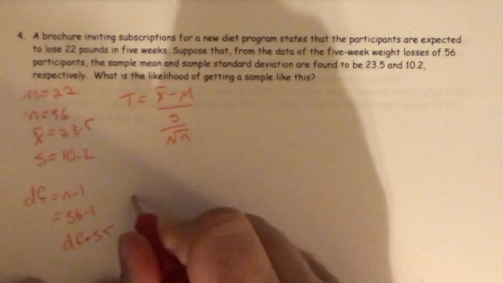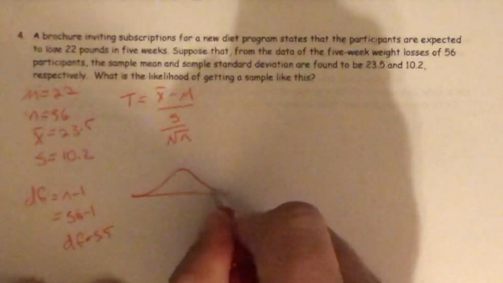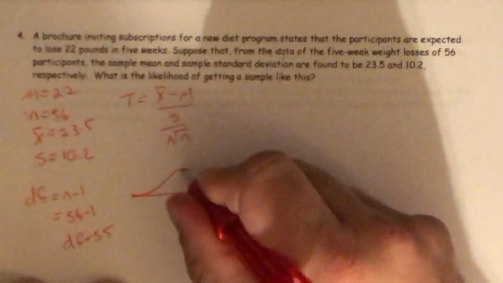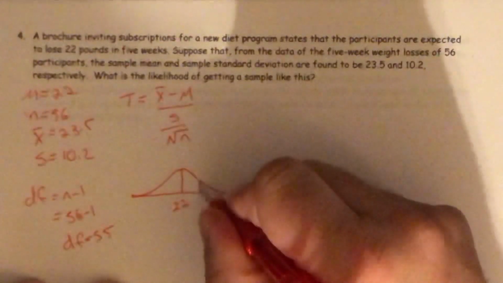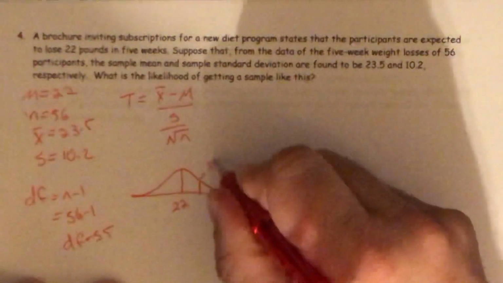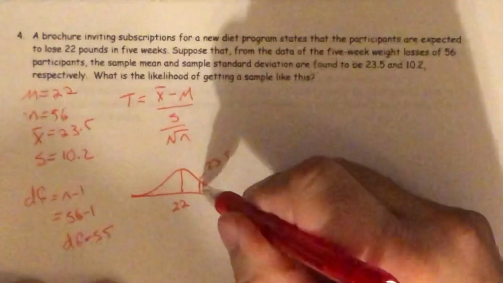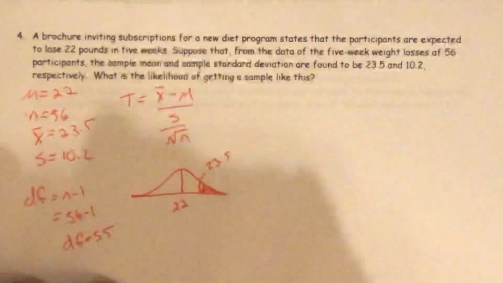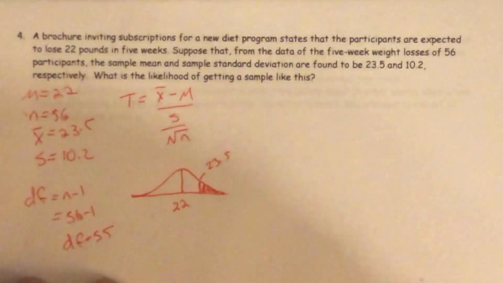All right, we're going to go ahead and plug into the formula, but before we do that, let's go ahead and draw our little graph. And the claim is 22, but we got a sample of 23.5, and we want to find out how unusual that is. Since we're talking about unusual, we're going to want to shade off to the right, because the farther it is away from the mean, the more unusual it would be.